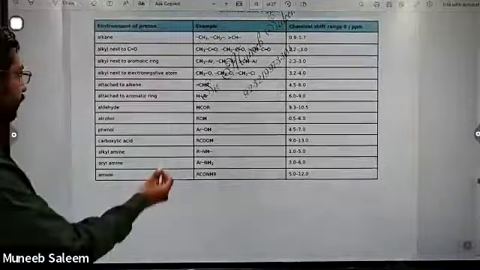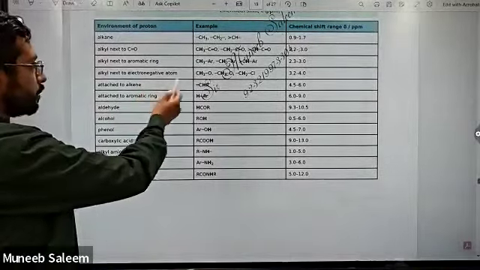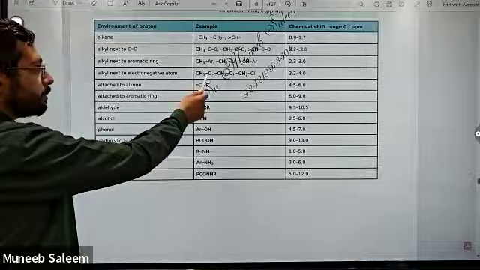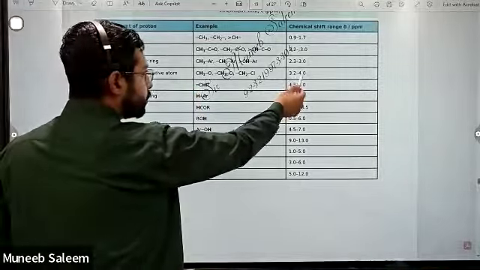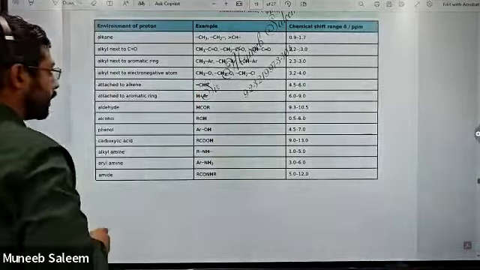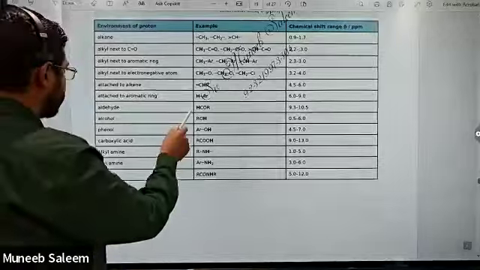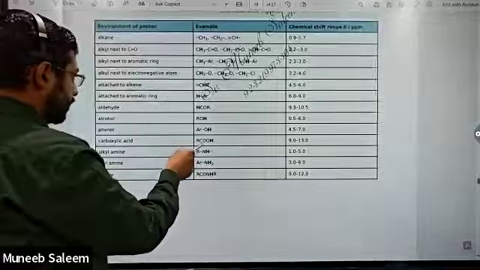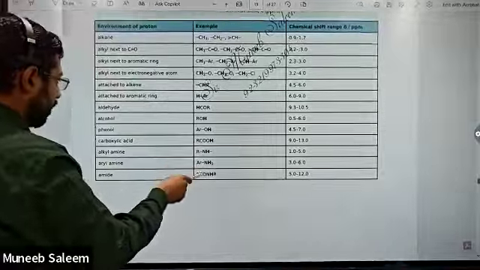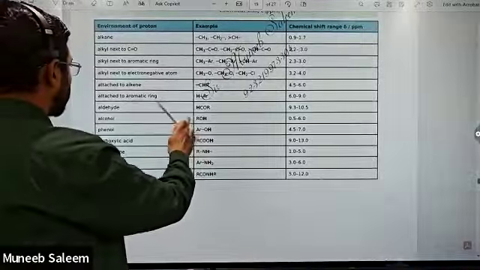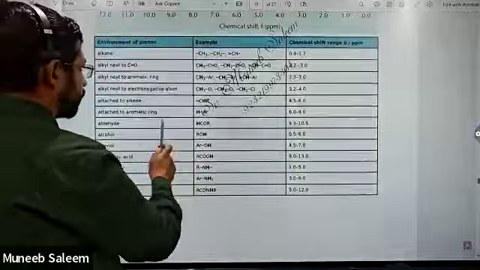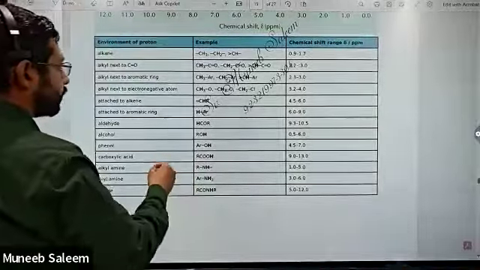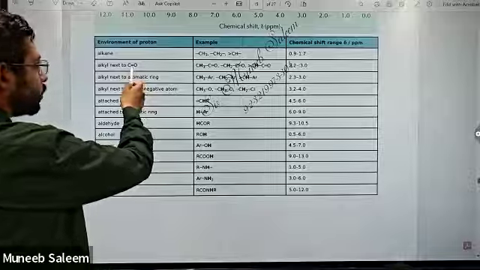So from the table, the hydrogen which is next to the electronegative atom has the value 3.2 to 4.0, and the other one was next to the carbonyl group.